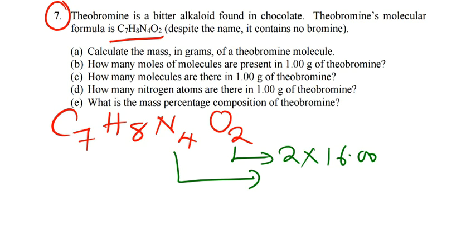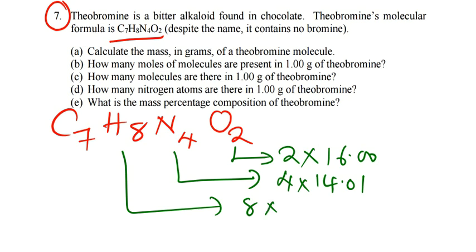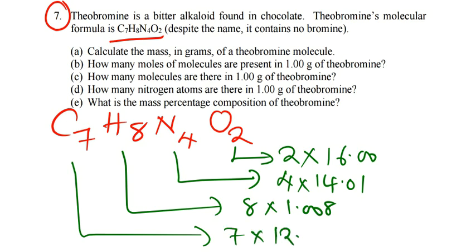For nitrogen, 14.01, and then for hydrogen, 1.008, and then for carbon, 7 times 12.01. You can just calculate these and sum them up. That's 32, 56.04. 8 times 1.008 is 8.064.